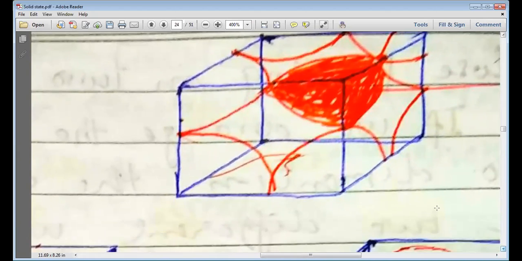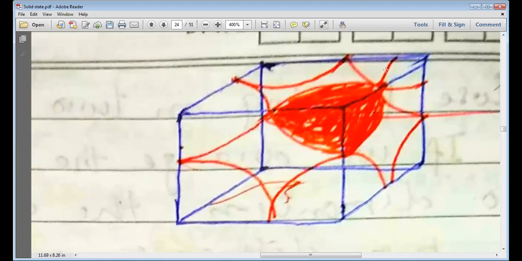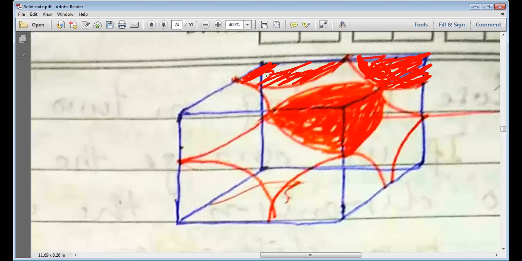If you look into this, you can see that each particle is present on a corner. This is another particle on the second corner. Then this is the third particle on the third corner. This one is the fourth one.